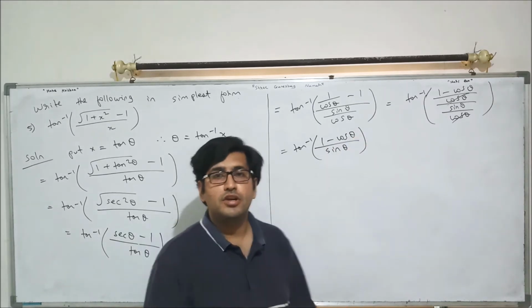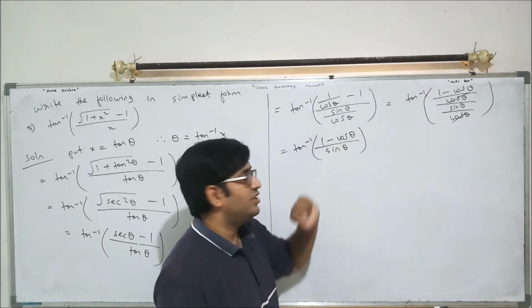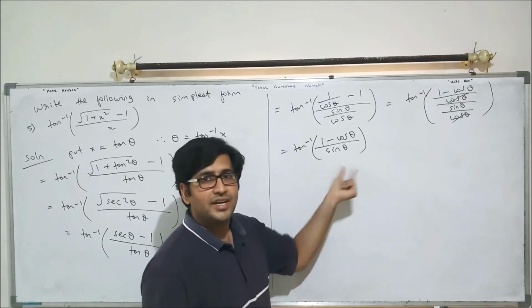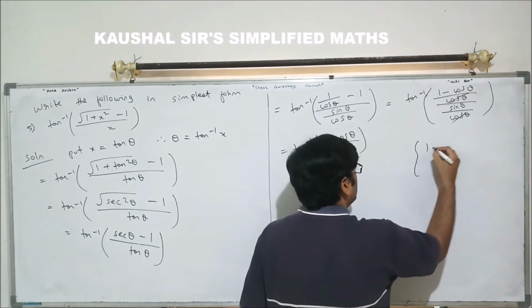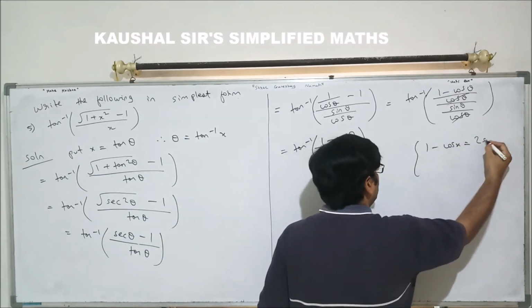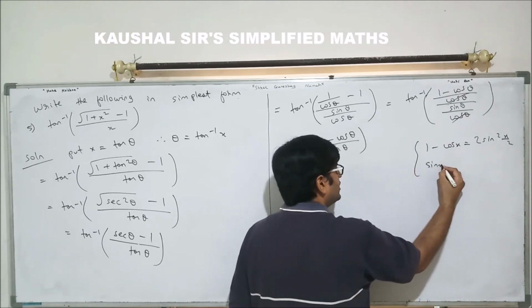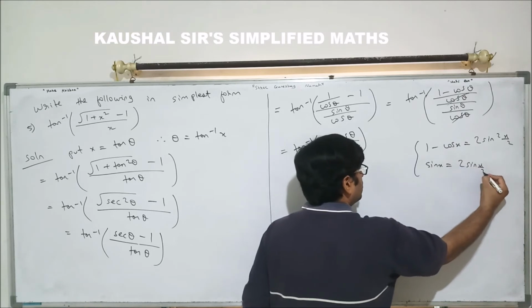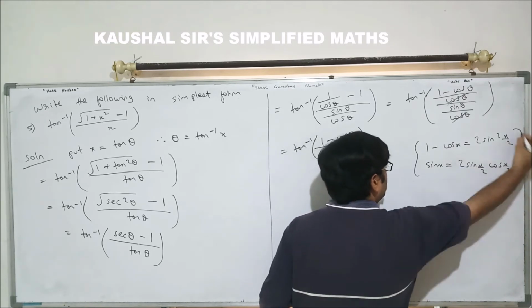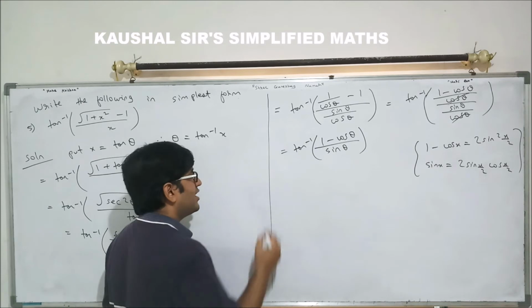Now students, if you remember the trigonometric formula for 1 minus cos theta and the trigonometric formula for sin theta, I will just show you here. What is the formula for 1 minus cos x? It is 2 sin square x by 2. And what is the formula for sin x, students? It is 2 sin x by 2 into cos x by 2, which you have learnt in your 11th standard. So we make use of that.